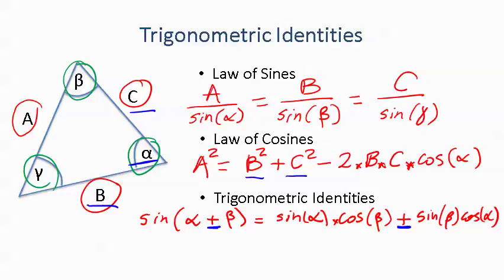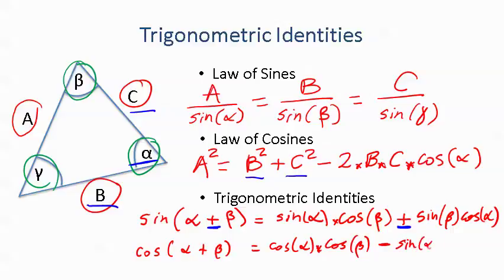The next trigonometric identity is the one that gives us the cosine of alpha plus beta. And this will be equal to the cosine of alpha times the cosine of beta minus the sine of alpha times the sine of beta.